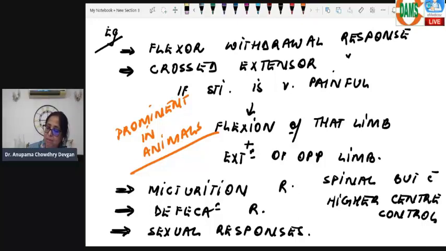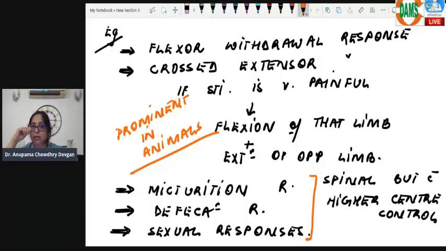These are all polysynaptic and spinal reflexes, but with a higher center control. Okay? Flexor withdrawal does not go to the cortex. Flexor withdrawal is a spinal reflex. Please be very careful. Okay? Flexor withdrawal does not go to the cortex, Harshita. It's a polysynaptic and spinal reflex.